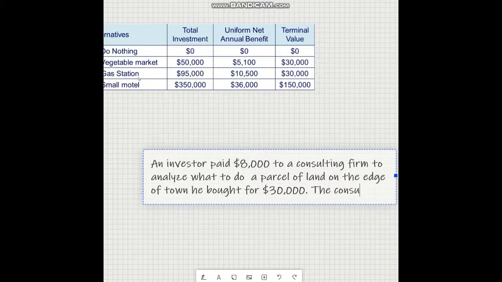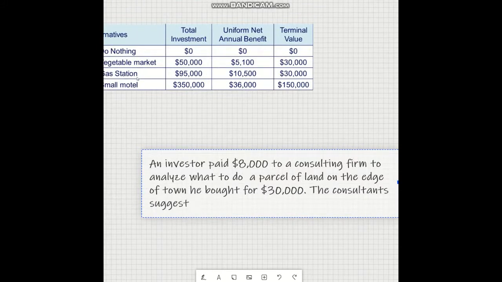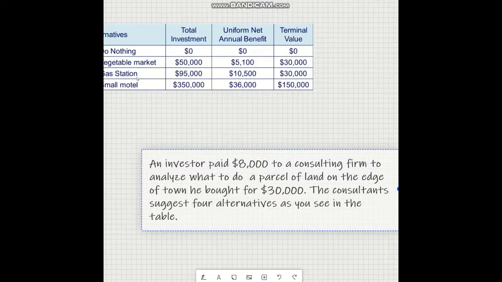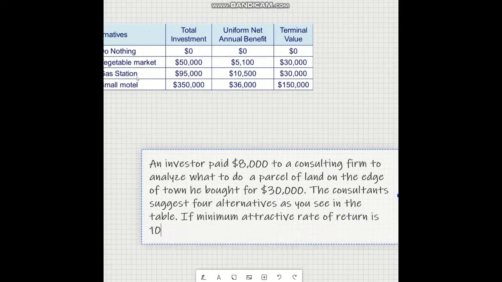The consultants suggest 4 alternatives, as you see in the table. If the minimum attractive rate of return is 10%, so he's expecting to get 10% back if we do some of these alternatives.